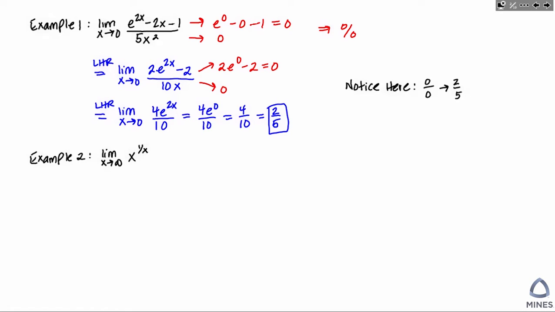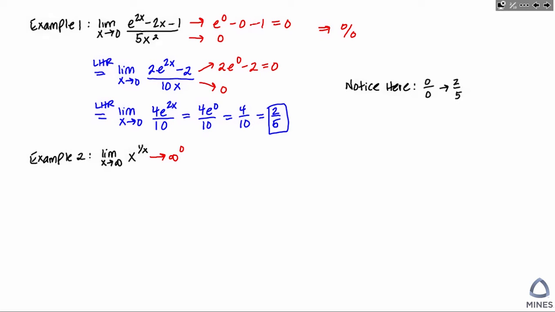So now let's take a look at example 2, which has the form of a power, which I think are some of the trickiest indeterminate forms to recognize. By trying to evaluate directly, notice we get infinity to the 0, as our exponent is approaching 1 over infinity, or 0.